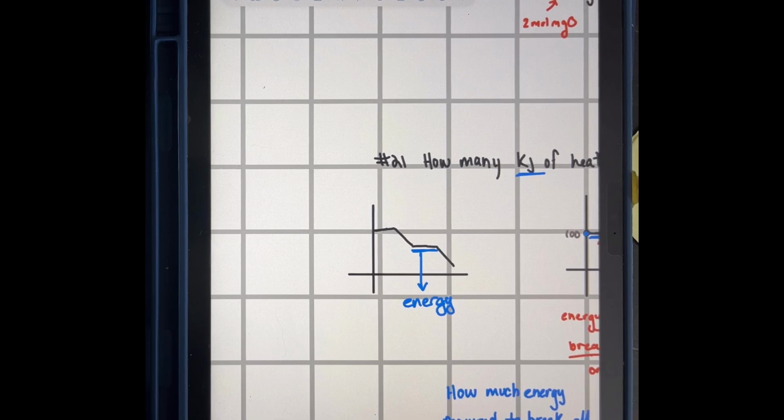So you're not rearranging atoms, of course, because you're not making a new substance. You're just changing how close the existing molecules are to each other. Solid going down, energy is released as intermolecular forces form.